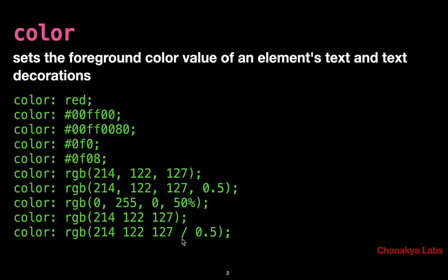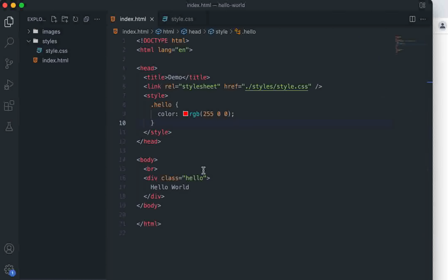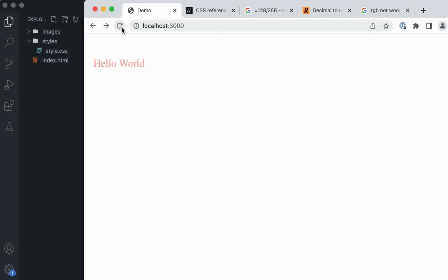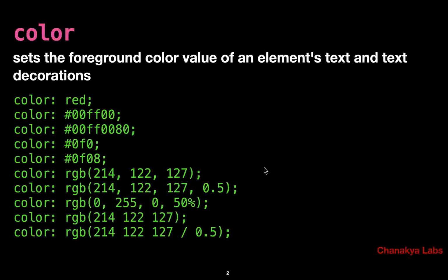The 4th argument has to be given with a slash. If you give some transparency, let's say 0.5 or 0.4, you can't simply write a space here. This will be invalid. You have to write a slash, then that is a valid transparency. Okay, so these are the standard ways.